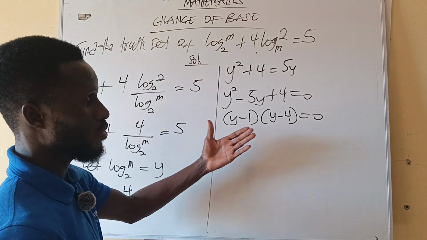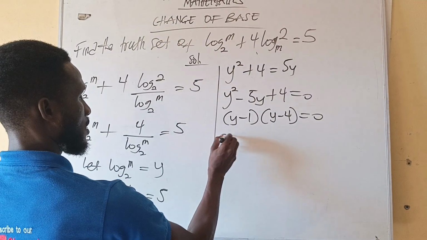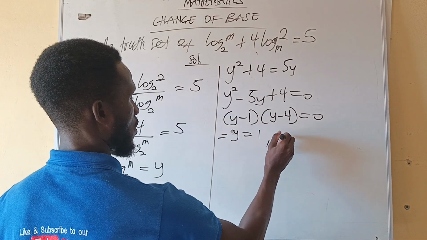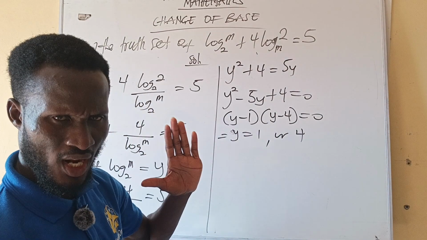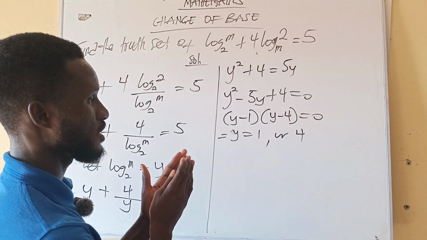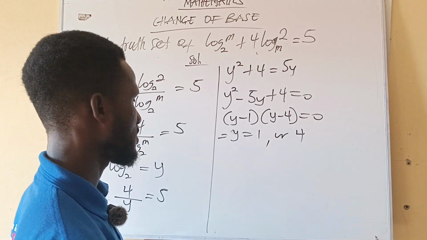So it means that y is equal to 1, or y is equal to 4. I hope you are following very well. Make sure that you know how to solve a quadratic equation.